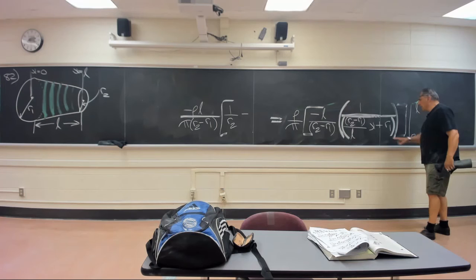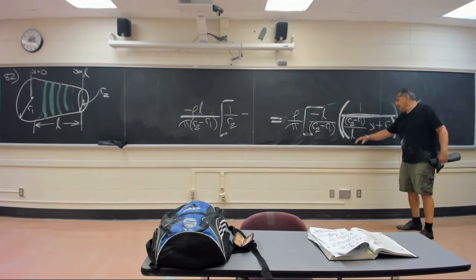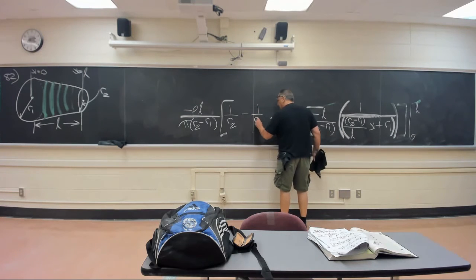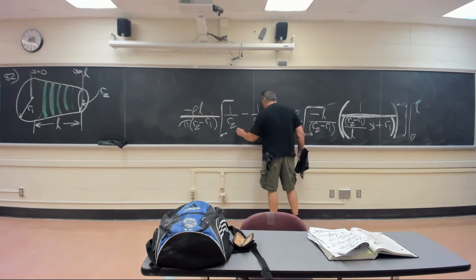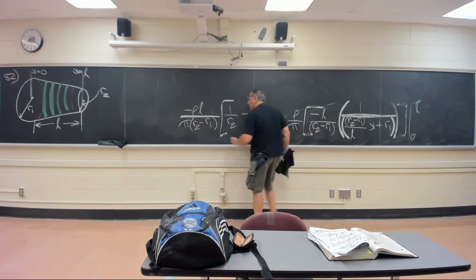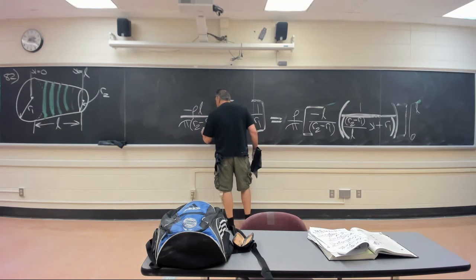Put a 0 right here. That's out of there. You got an R1. R1 is big. 1 over big is small. 1 over small is big. Big minus small, positive number. Negative divided by negative, because it's small minus big, negative answer. Negative divided by negative is positive.